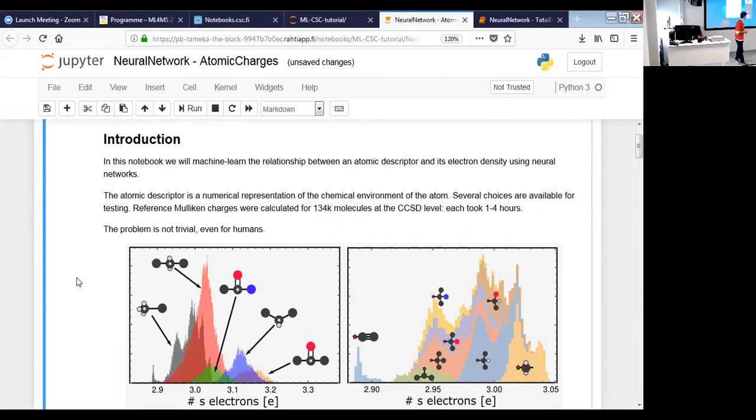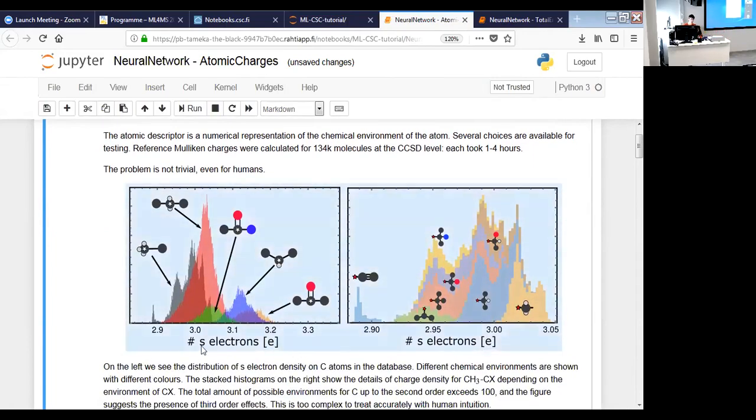In this image, you can see these histograms. This shows the amount of S electrons for different carbon atoms in different environments, in the database of course. The black histogram here would show you the Mulliken charge of CH3 groups. And you see it's quite complex because it depends on what's attached to the CH3.